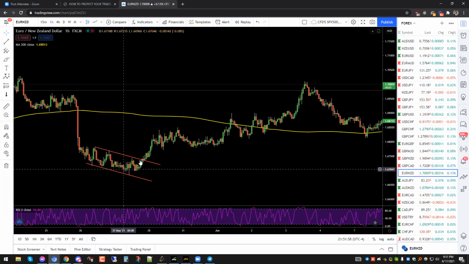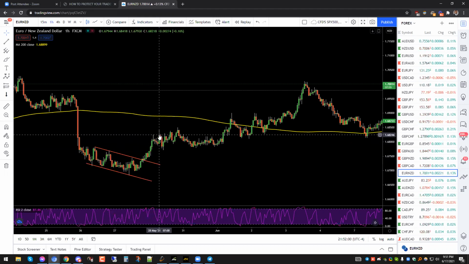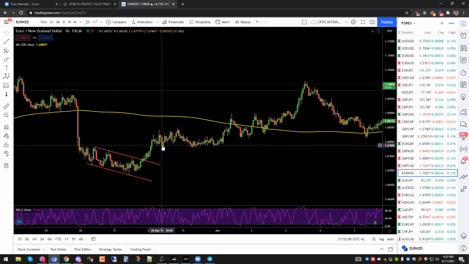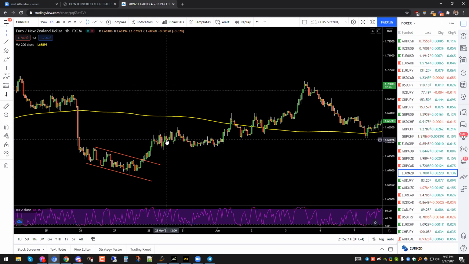Because this is the end of this impulse to the upside. So we could expect that price could potentially fall. Now, if we enter at 8 to 9, we go short. We're looking to exit the market by around 12 o'clock. So by the close of the 12 o'clock candle, we are going to exit the market. Okay, so we exit, we're done for the day.